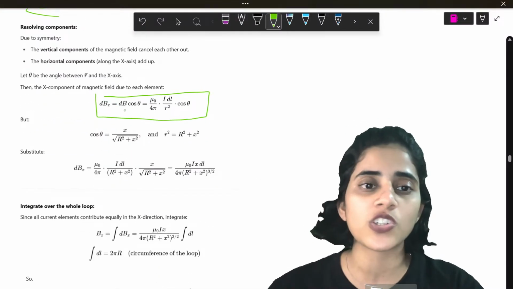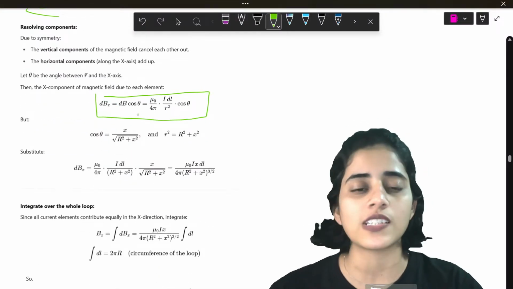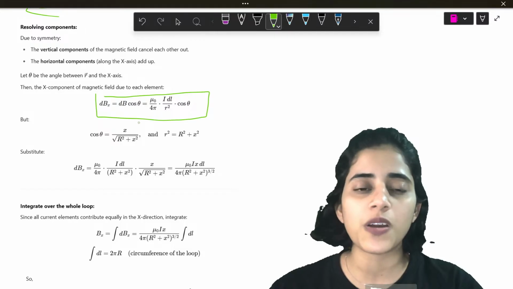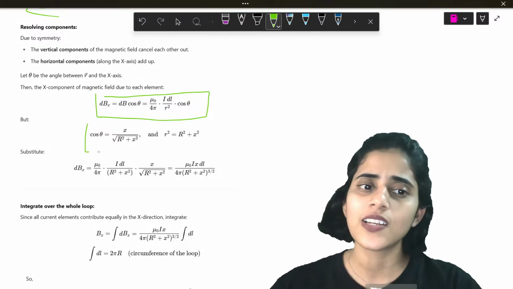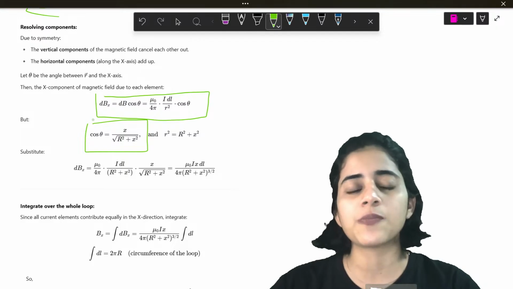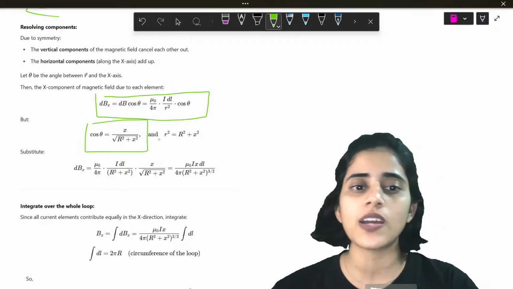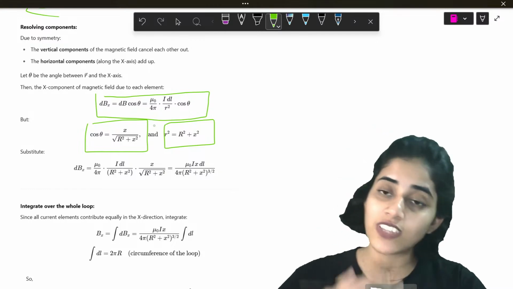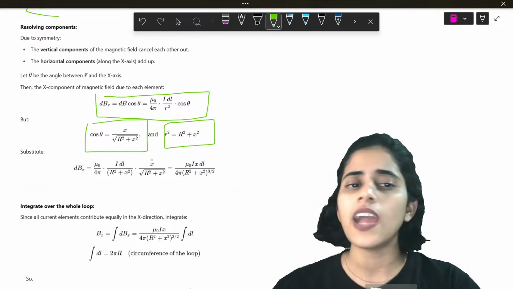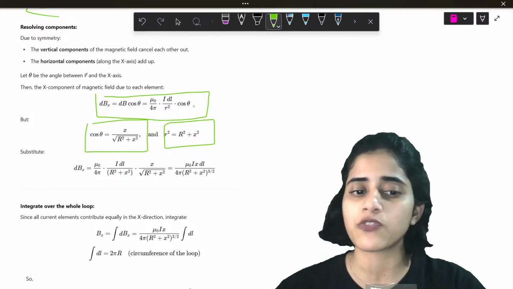So dBx is equal to dB cos theta, which is mu 0 by 4 pi I dl by r square cos theta. Cos theta is x by square root of r square plus x square, where r square equals capital R square plus x square. Then you substitute all of this into the main formula.